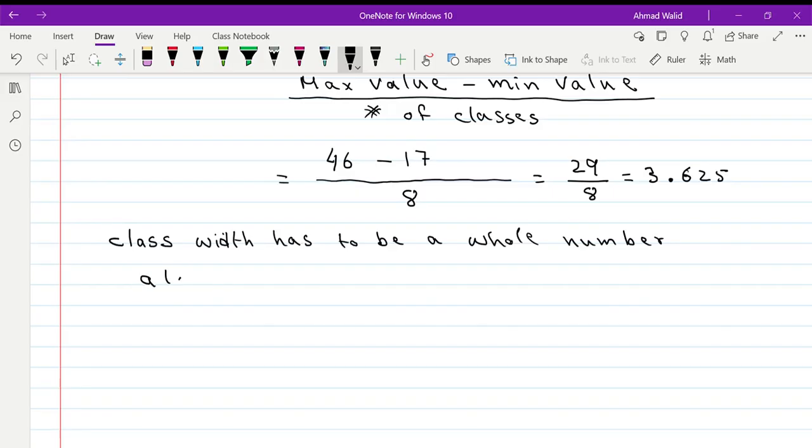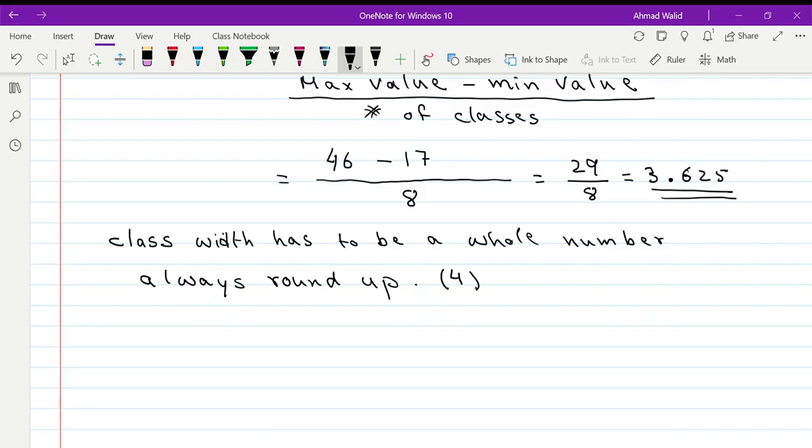Always, that's the important part. Always round up. Here I have 3.625. I'll round it up to the next whole number, which is 4, correct? Why we are rounding up? Because we want to have enough classes to cover all the ages, to cover all of our data, correct? That's why we're rounding up, correct?